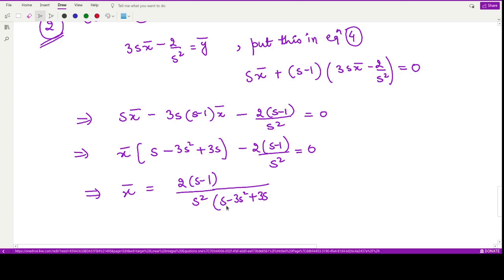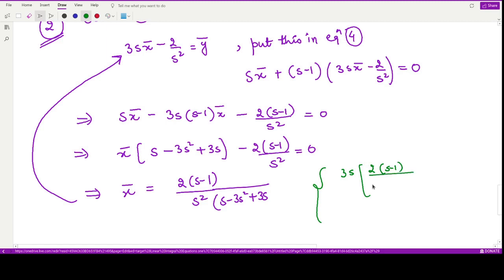So the next task is to calculate the value of y bar. For the value of y bar, we'll substitute this value back into this particular equation. So that means you will have the value as 3s and the value of x bar, that is (2s minus 1)/s² times (s minus 3s² plus 3s).